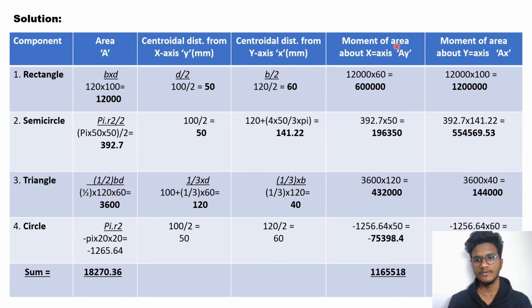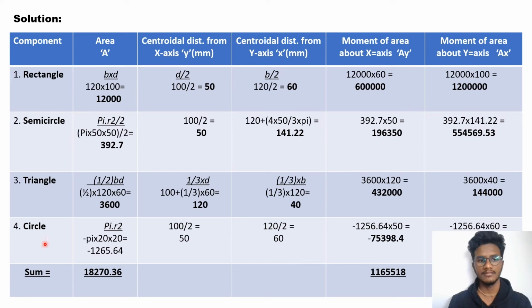Then moment of area about x-axis, that is Ay, is equal to area, 12,000 into 60 y value, that is around 720,000. Then similarly this becomes 120,000. Now semicircle, same, refer to these formulas in the table which has been given.